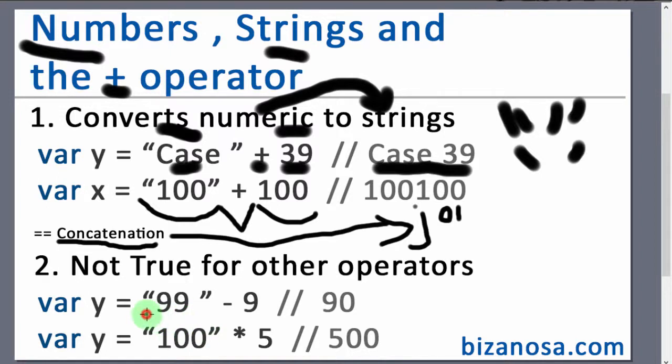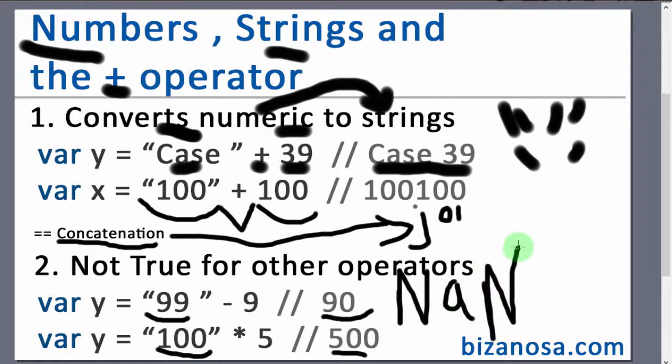That is why this was converted to a number and the result we got back was 90. This was converted to a number and the result we got back was 500. And if whatever is within the string cannot be converted to a number, it will return to us not a number. So if you have any questions, feel free to let me know. I will see you in the next video.